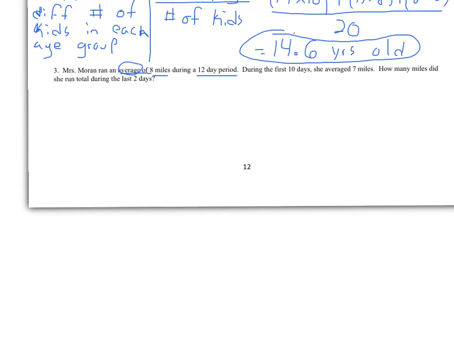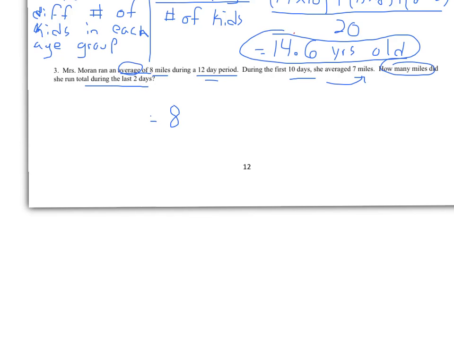I know the average equals 8. It says it right there. During a 12-day period, that's another total. During the first 10 days, she averaged 7 miles. How many miles did she run total during the last 2 days?